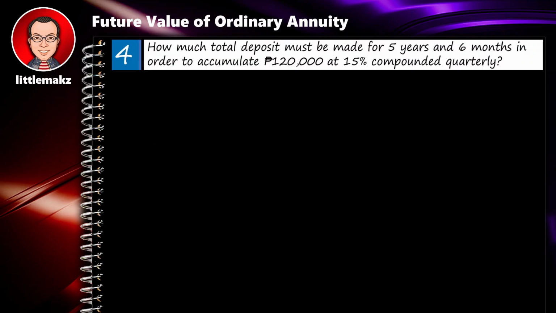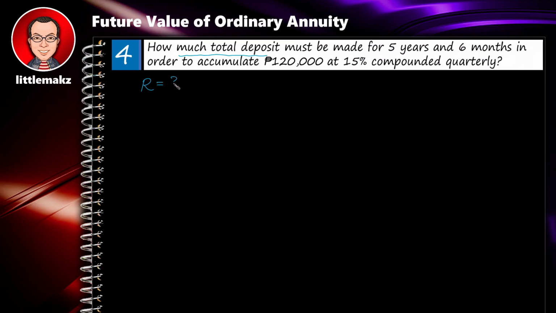Let us move on to our fourth and last example. How much total deposit must be made for 5 years and 6 months in order to accumulate 120,000 at 15% compounded quarterly? Now here, similar to our third example, we are also going to look for the unknown value, your R. And then later on, after we are able to find R, we multiply that with the total compounding periods to find out how much the total deposit is after 5 years and 6 months.